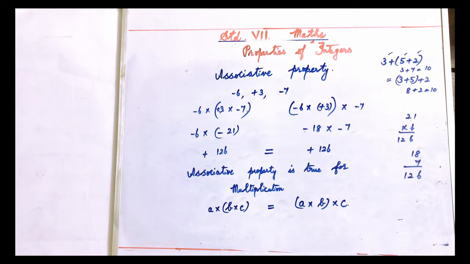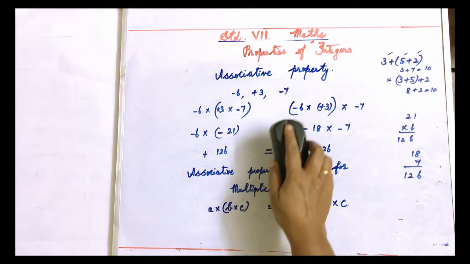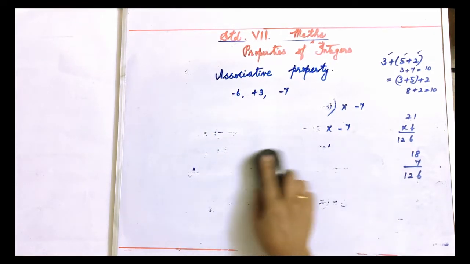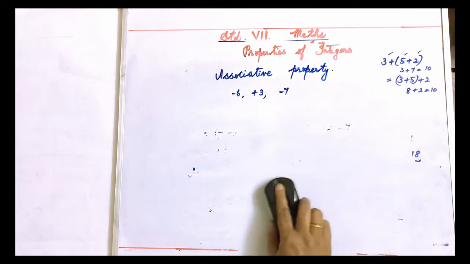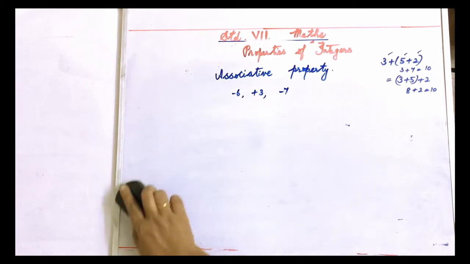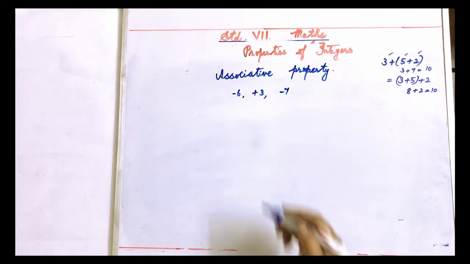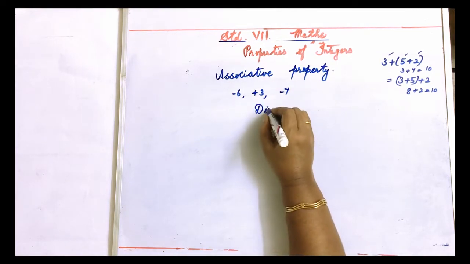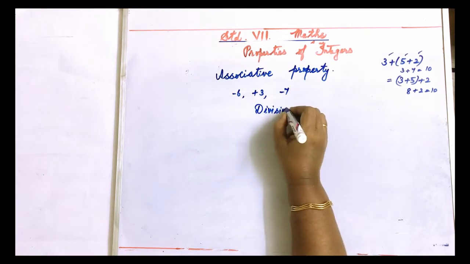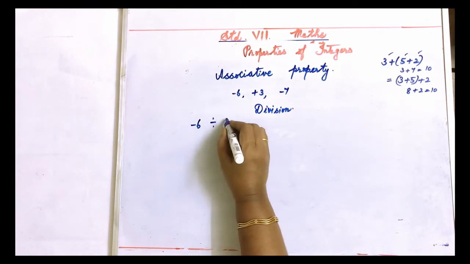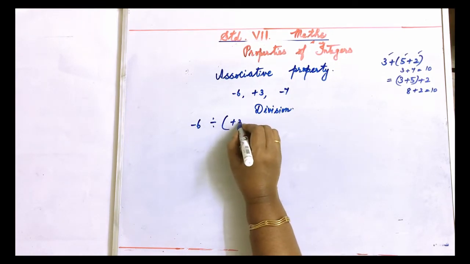Next we shall do division. So minus 6 divided by plus 3 divided by minus 7.